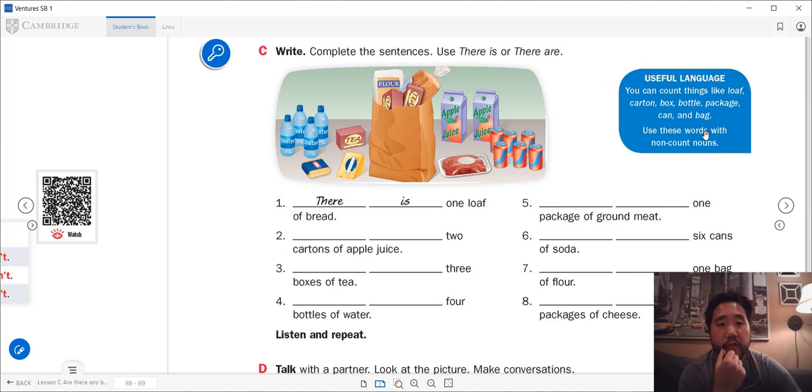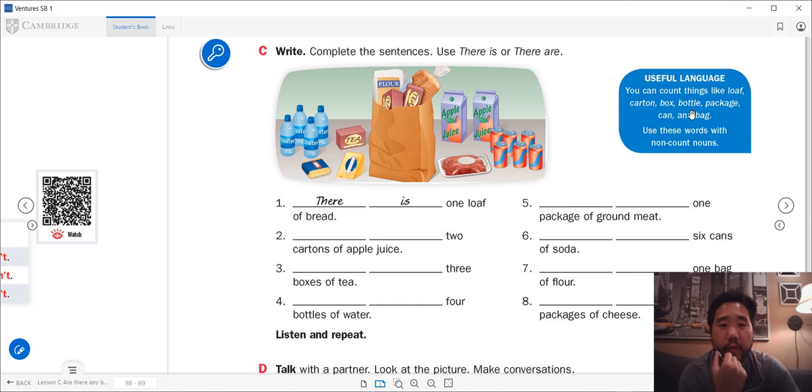Yeah, so this is useful language because in part 1, I categorized them as a measuring unit in a way. So we use these words in order to count nouns that are actually not countable.